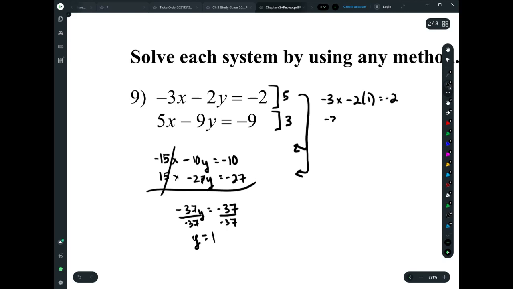So negative 3x minus 2 equals negative 2. Add the 2 over. Don't be afraid if you get 0 on the right-hand side. It most likely can either be a special case, but 0 you can divide by any number except for 0, and we just get 0.